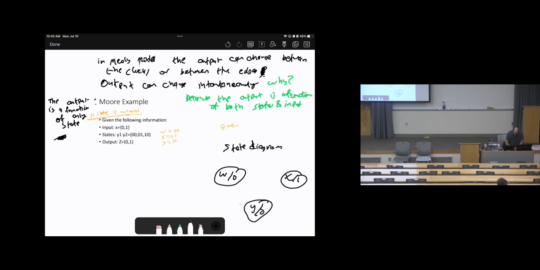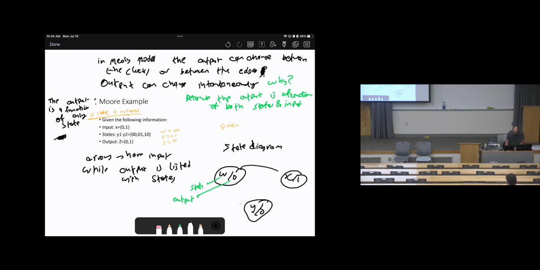Here, arrows have inputs only, no outputs, while outputs are listed with states. Okay? You will see that each circle has states and outputs. Here are states. Here are outputs. Now, for the arrows, you will see inputs only.